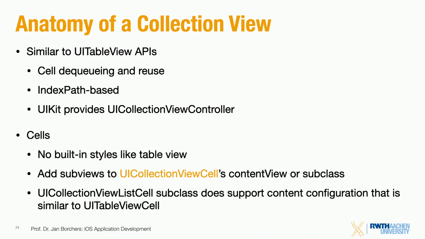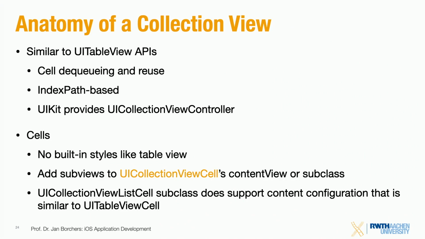But other than for table views, there are no predefined styles for the cells. For table views, remember you had the detail view, the title view, the accessory views that are linked to that. Instead, for collection views, you really need to specify your items and your cells directly.